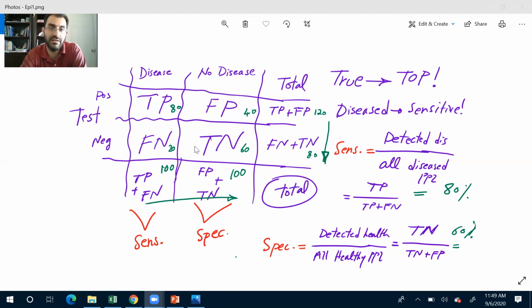I learned it from amazing instructors, mainly one, and I'm just transferring the knowledge to you. Today we cover sensitivity, specificity, positive predictive value, and negative predictive value. In the afternoon, when we study case control, cohort, and clinical trial, we will follow the same table.